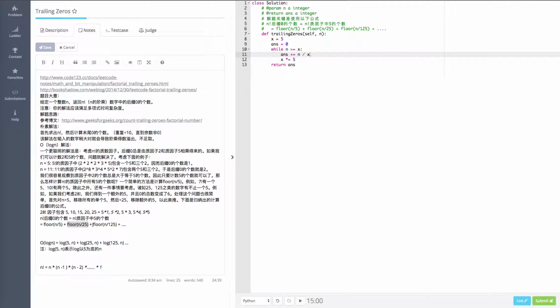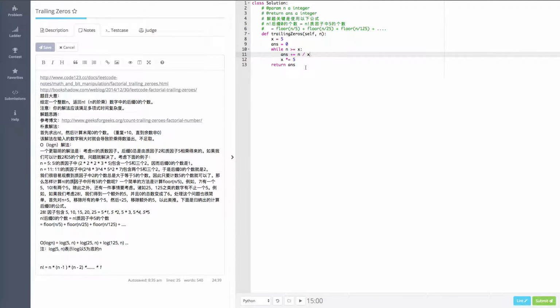If n is larger, then we divide by 125, which is 25 multiplied by 5, and so on. So in the end, we develop this formula: the number of trailing zeros equals floor of n divided by 5, plus floor of n divided by 25, and so on. So this is the whole thing. Now, this is the analysis part.